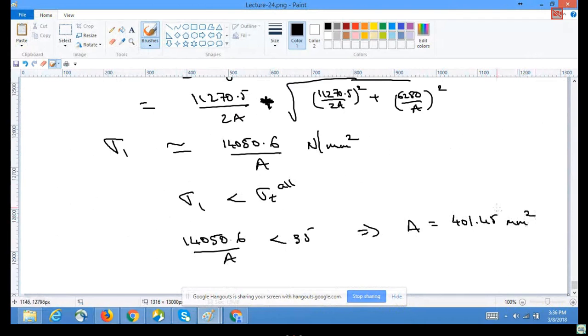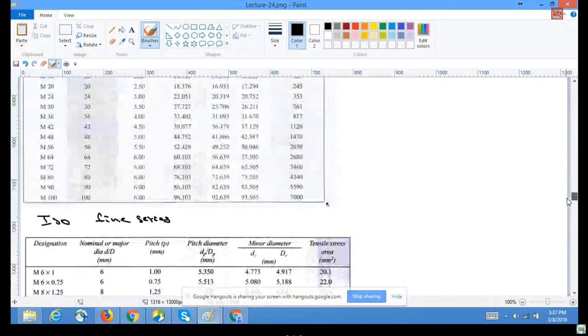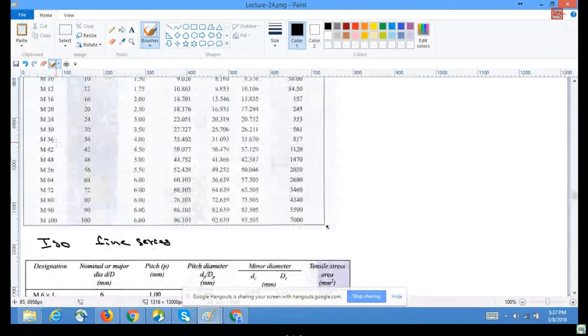For this tensile area, if I go back and look into my series table, you can see that an M30 is okay and M24 is lesser. So our value, somewhere around 401, falls between these two.